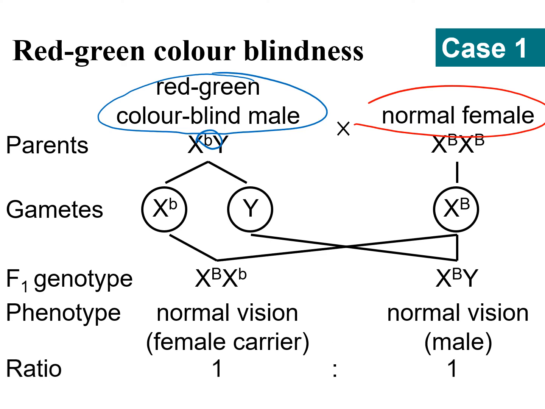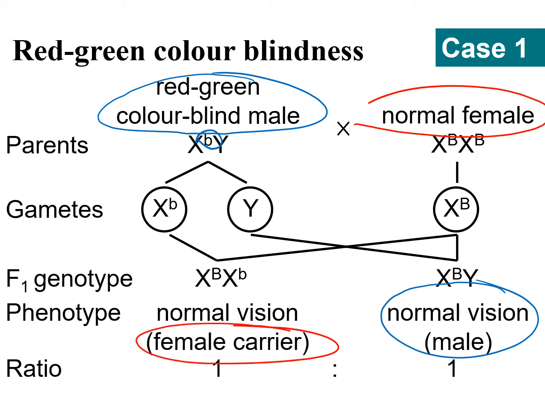You are going to have, at the very end, a male with normal vision, and a female also having normal vision, but with one X chromosome carrying a recessive red-green colorblind allele and the other carrying a normal color vision allele. Although she has normal vision, we call this type of female a female carrier.